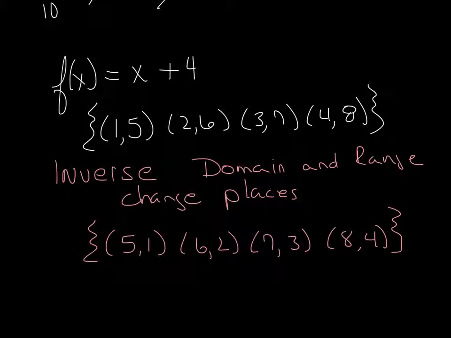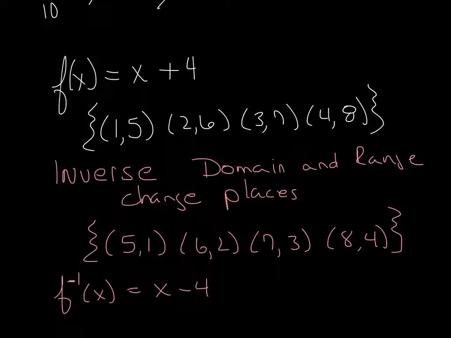And the inverse function, and we designate an inverse function this way, f inverse, would be, in this case, x minus 4. Remember, I said that addition and subtraction are inverse operations. Well, here on f of x, we added 4 to x.